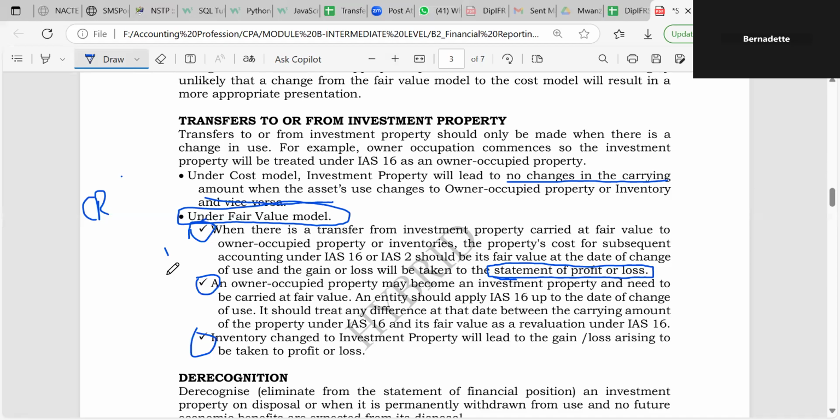So even if you are changing to investment property, at the time of conversion you need to obey the principles of IAS 16. Then after that, you start obeying the principles of investment property, just like that.